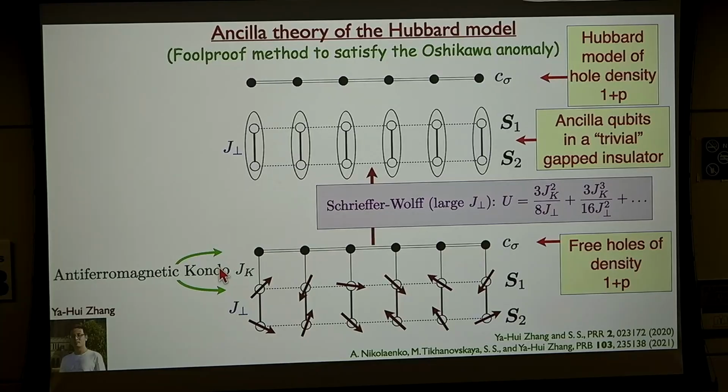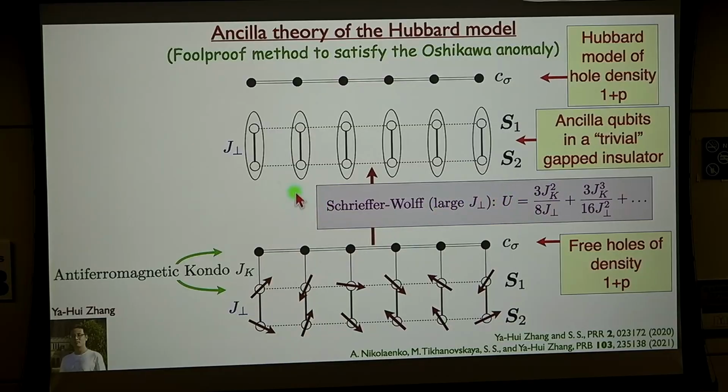All right. So now I claim that if J perp is very large, I can do an expansion in 1 over J perp and do a unitary transformation and connect all states here to all states there. These are the same Hamiltonian, just in a different basis. Okay. So that's a Schrieffer-Wolff transformation. And it's kind of easy to see why.